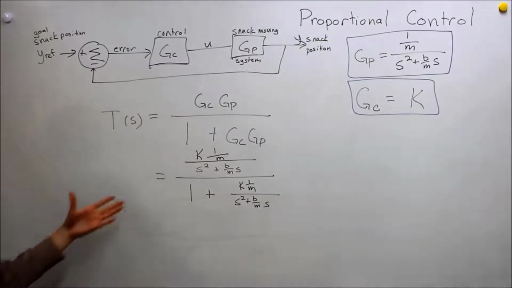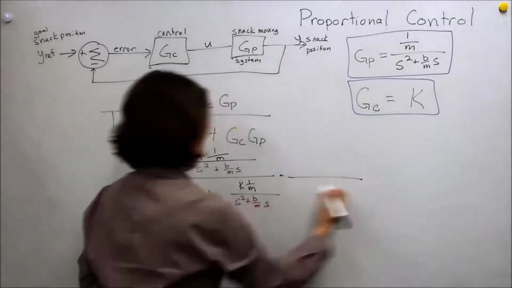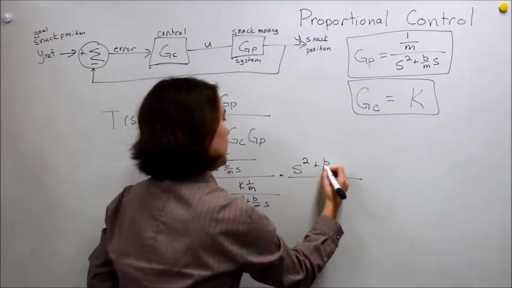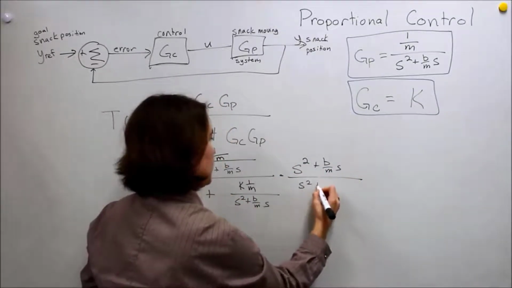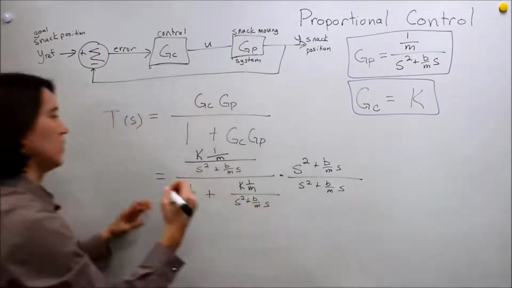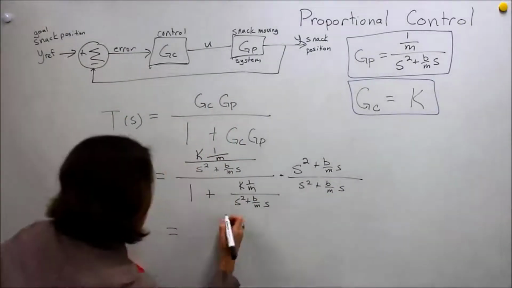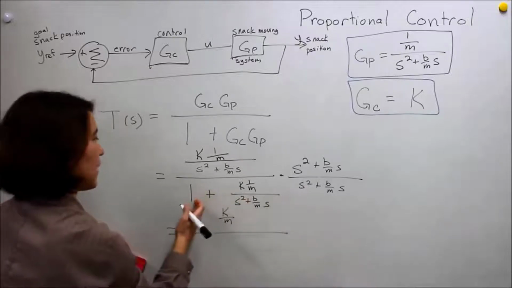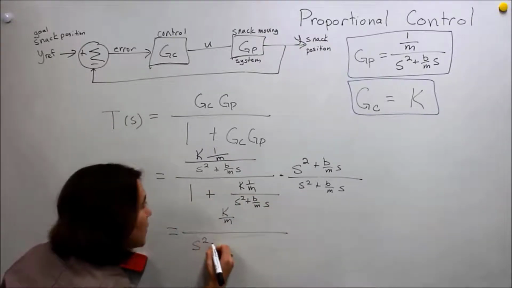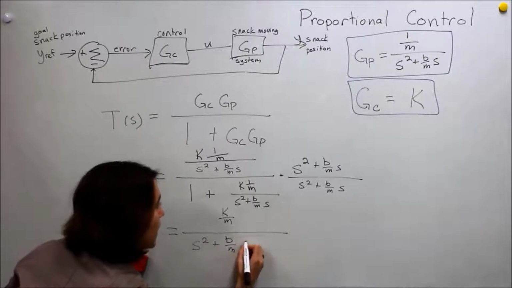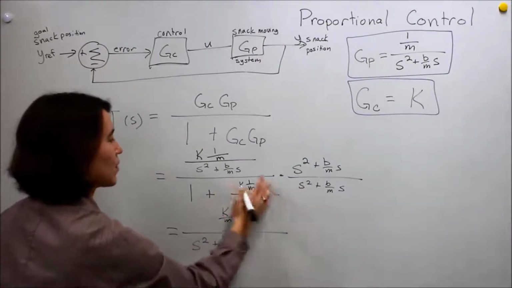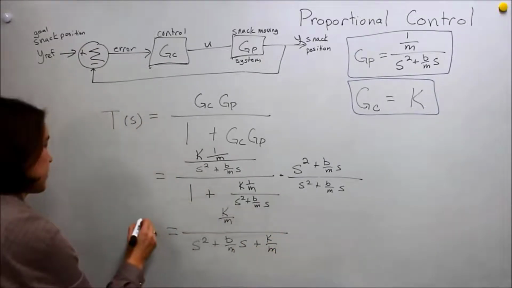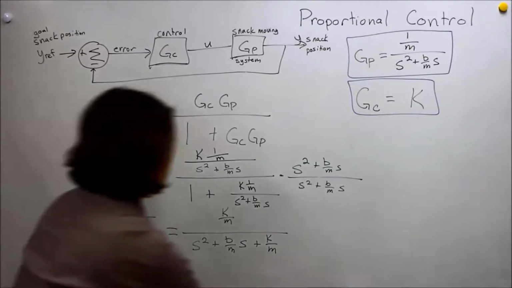It's a little bit ugly, but if we multiply both sides by the denominators that are in both of these, s squared plus b over m s, we should get a nicer form. The 1 is multiplied by this, so we have s squared plus b over m s. We multiply it like this, this all cancels out, so we're just left with plus K over m. So this would be our transfer function of our entire system.